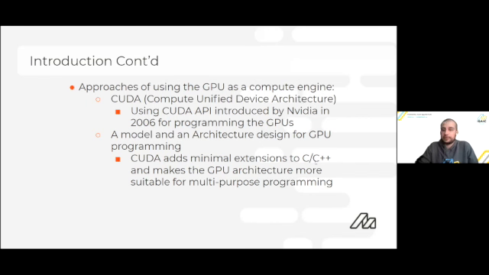As I mentioned, it can be used and triggered through minimal extensions and directives in the C and C++ programming languages, and through in-program variables defined by CUDA. You can use the GPU architecture and map threads to your program, as we are going to see, and call the memory APIs.